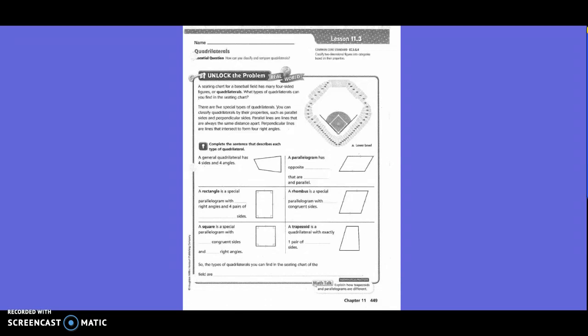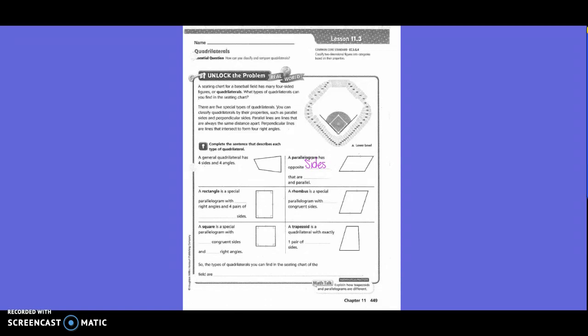A general quadrilateral has 4 sides and 4 angles. So we already talked about that before, right? Okay. A parallelogram has opposite sides that are equal, or what's another math term?